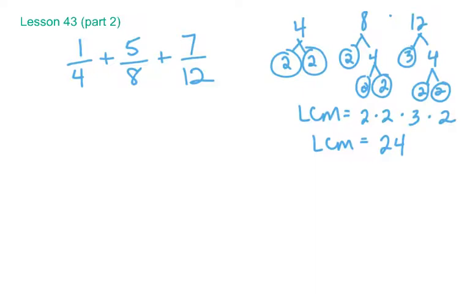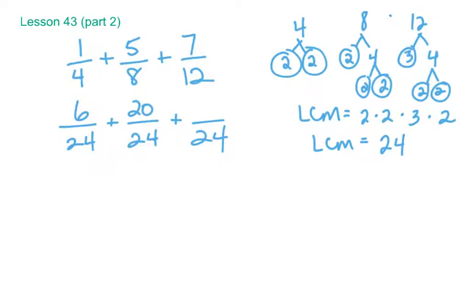So that helps us put each of those fractions over 24. And to make the 4 into 24, it was multiplied by 6, so I'm going to multiply the top by 6. This 8 turned into the 24 by multiplying it by 4, so I'm going to multiply 4 on top.